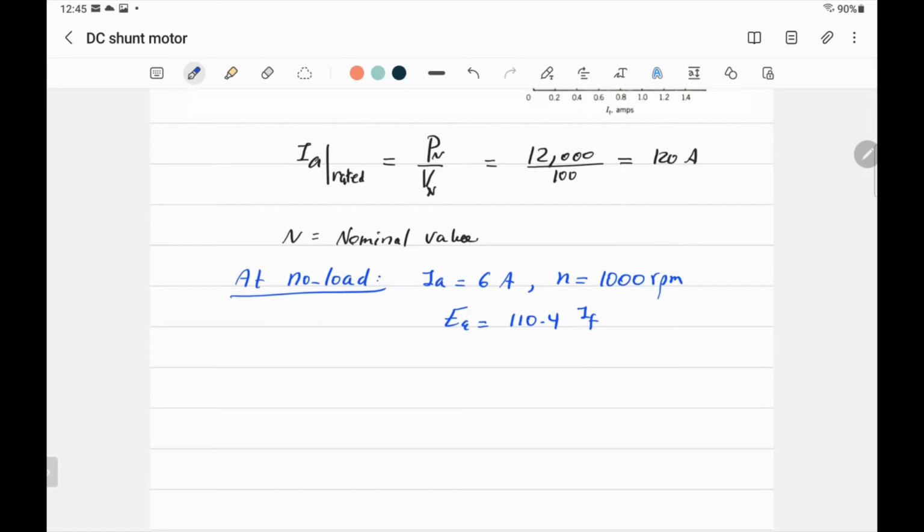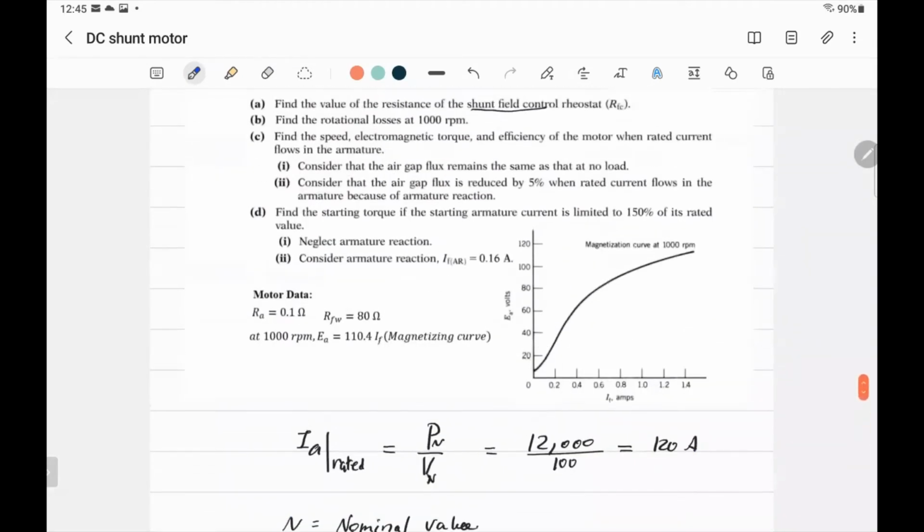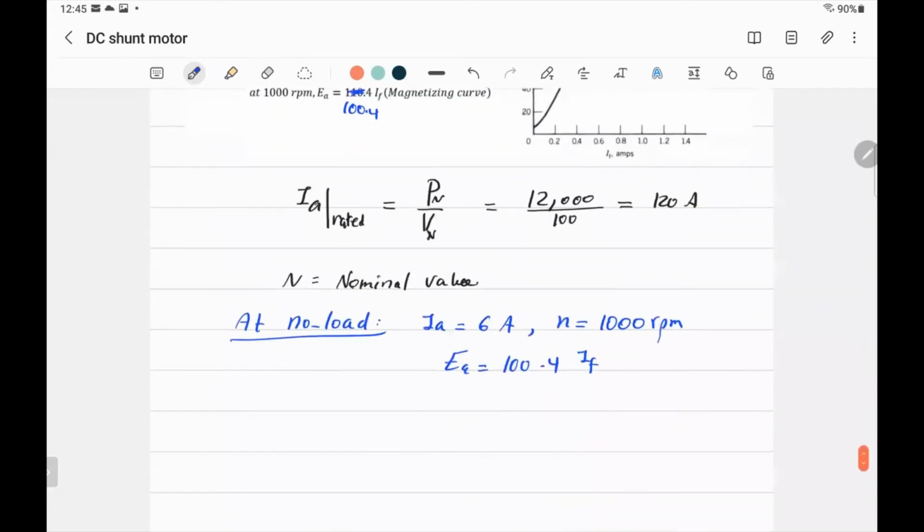Let me correct this one. The curve gives me 100. I made a linearization, so let me fix this one. That's what I thought, because that's 100. The constant is equal to 100.4 when I made the linearization of this curve.